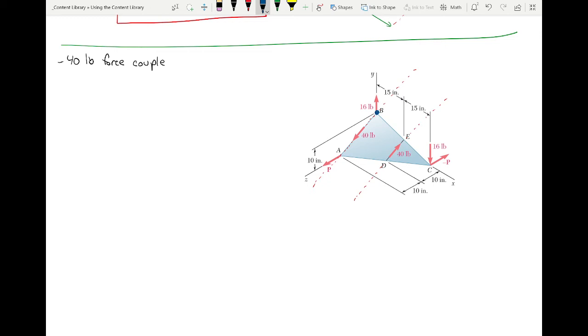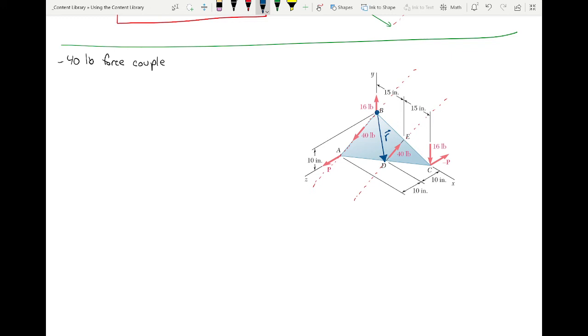So what I'm going to do is use BD as my R vector, okay? And I'll use DE as my force vector.